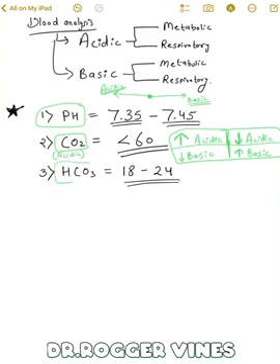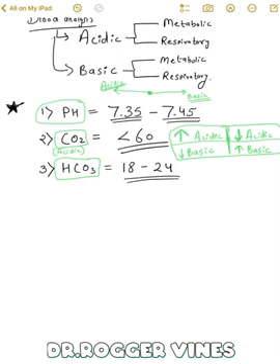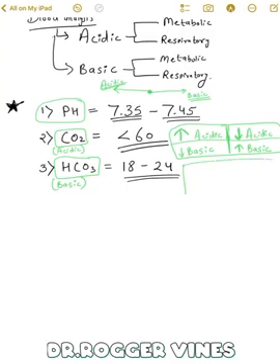And the third most important value is bicarbonate. Normally, bicarbonate is basic in nature. It is present in our blood. So what does that mean for you guys? I will make this table. Suppose the bicarbonate is more than 24. What can we say?